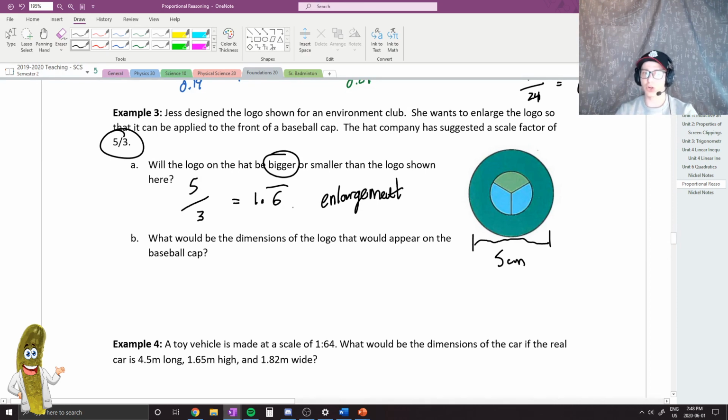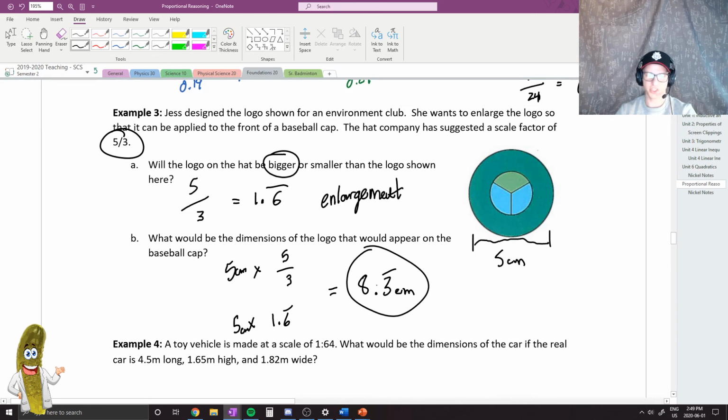I want to enlarge it by 1.6 times, or 5/3 times. And so the two ways that you could solve for this is you could go 5 times 5/3, or you could go 5 times 1.6 repeating. Either way, you get the exact same answer, which is 8.3 repeating centimeters. I should have included centimeters here. So the logo on this hat would be 8.3 centimeters, which is a pretty large logo for hats.